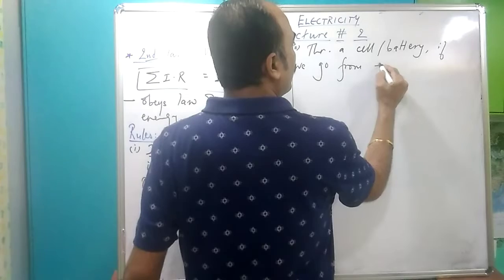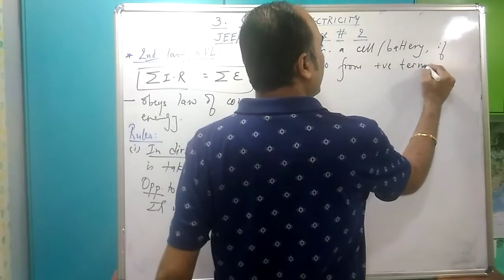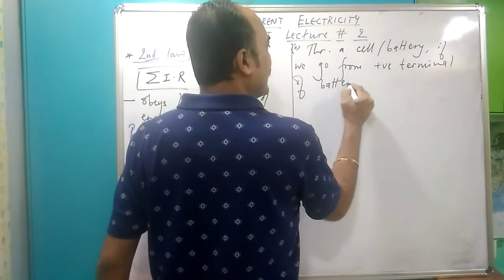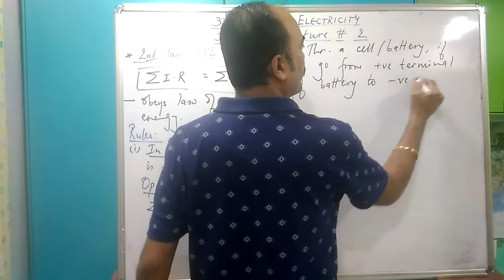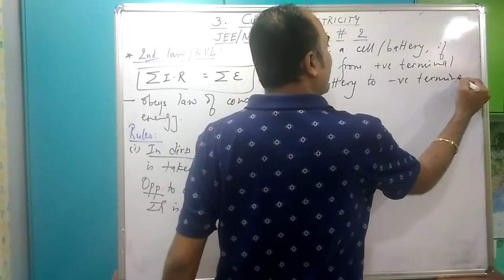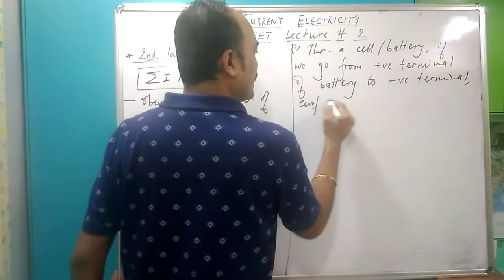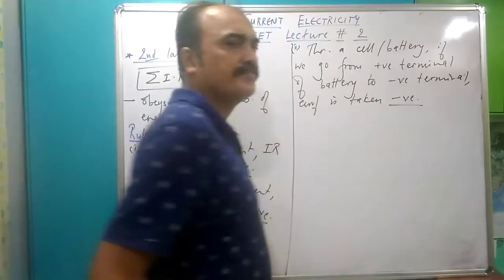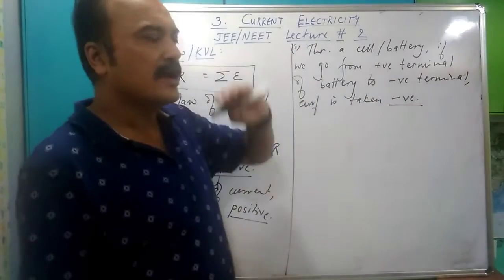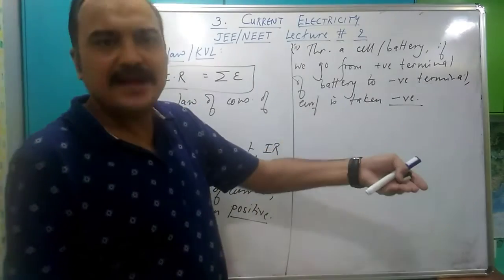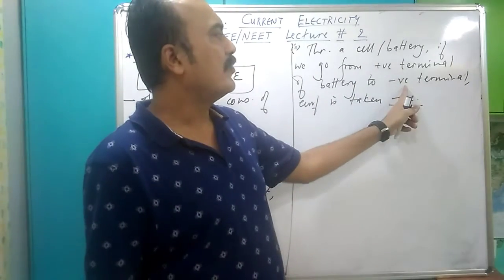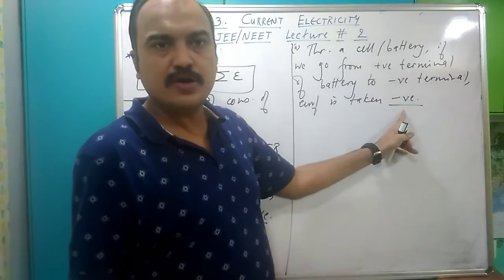If we go from the positive terminal of the battery to the negative terminal, then EMF is taken negative. So I tend to take it like this: positive to negative, then it will be negative. So the last thing makes the difference. From positive you go to negative, whatever is the last terminal, that sign you're going to take.